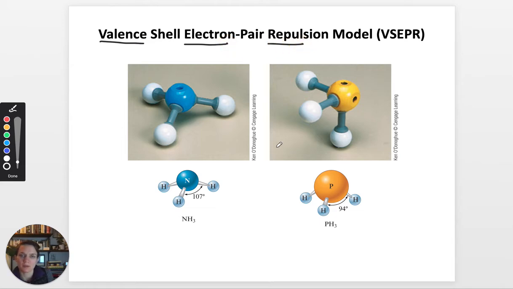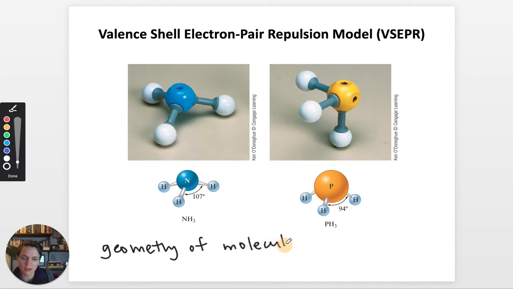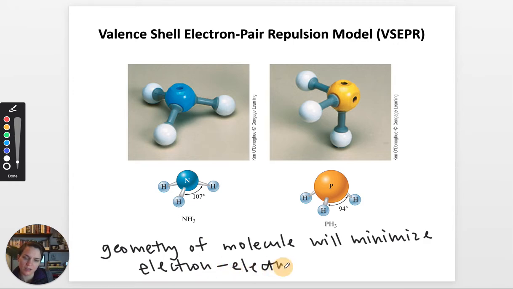And so the most likely orientation of the molecule, or let me actually just say the geometry of the molecule, will minimize electron repulsion.